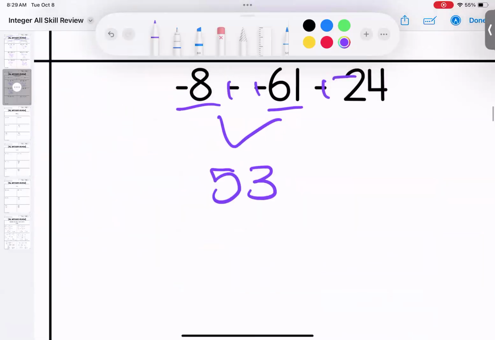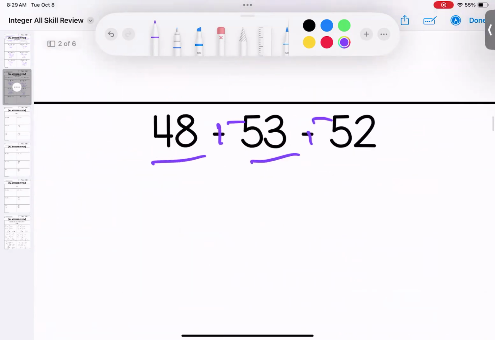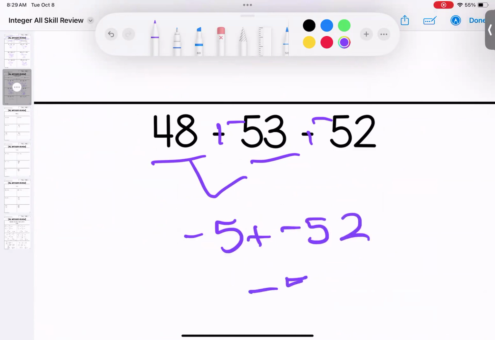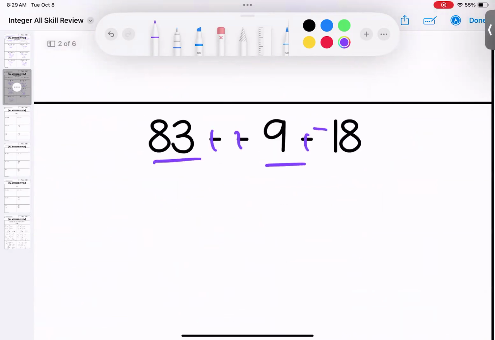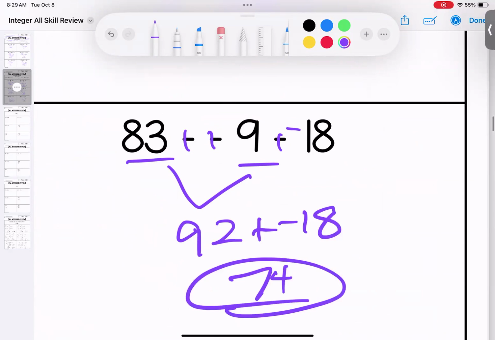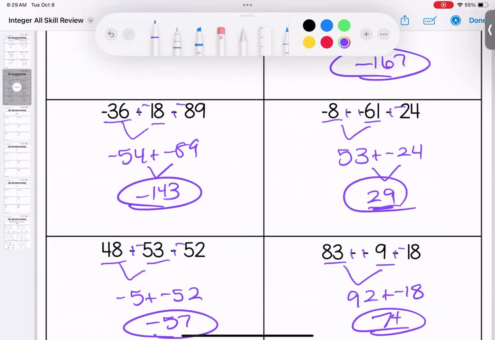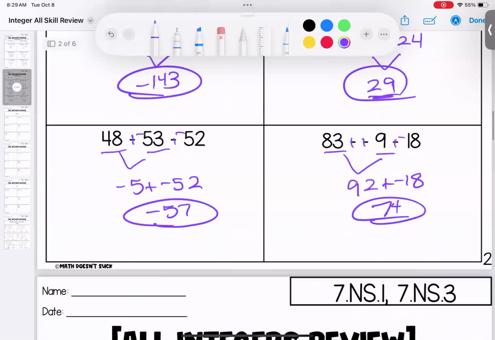Opposite subtract, bigger number is positive. Opposite subtract, bigger number is positive. Down here, same sign, add them. Over here, add. Opposite signs, subtract. Questions on this page, as always, bring it with you to class.